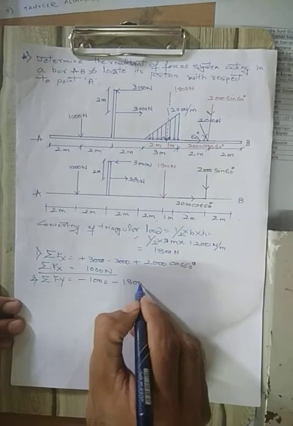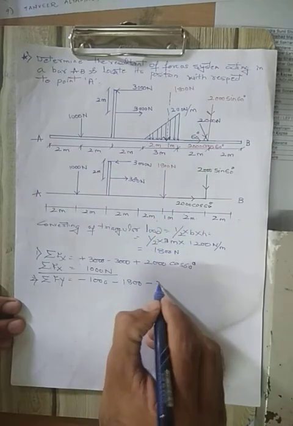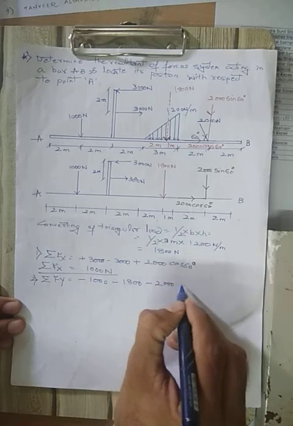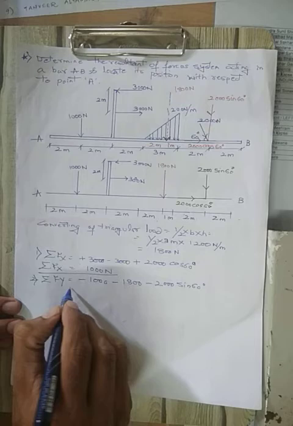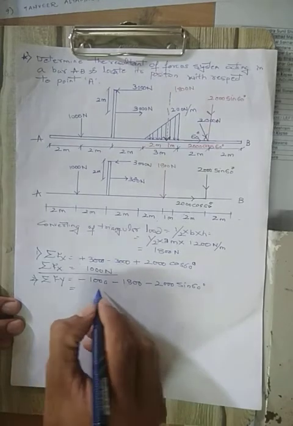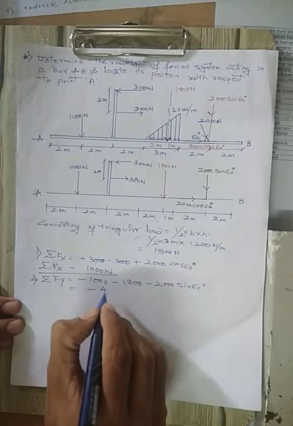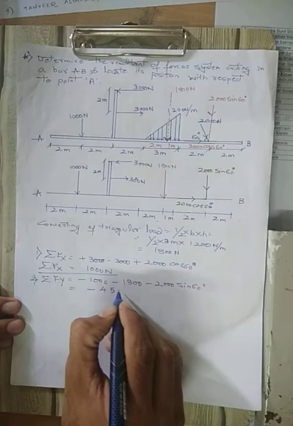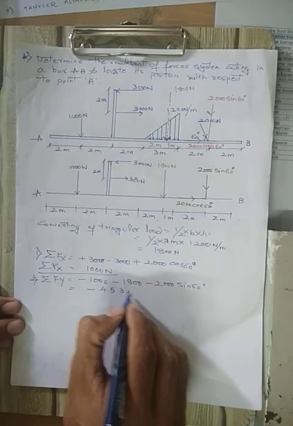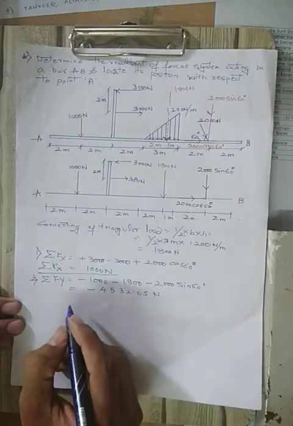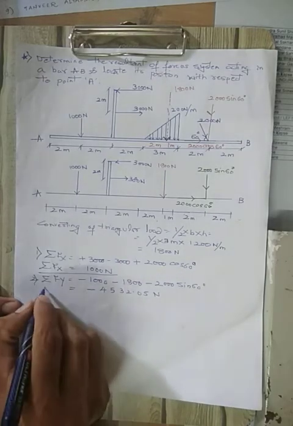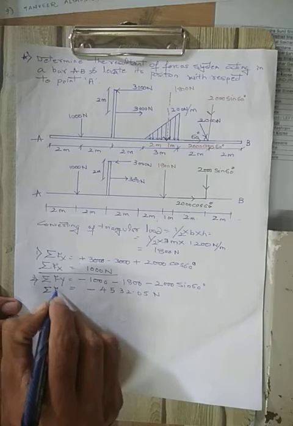This is also downward. So minus 2000 sine of 60 degrees. Its value comes to be minus 4532.05 newtons.